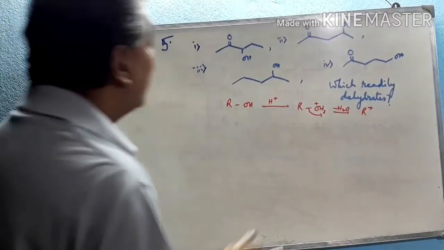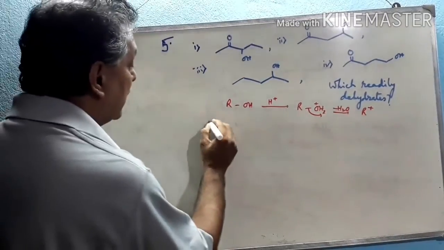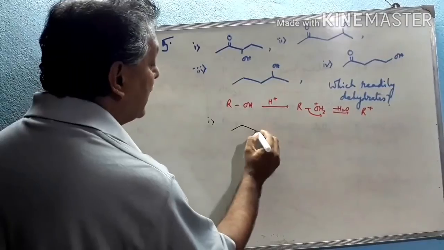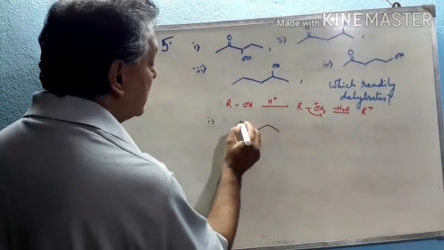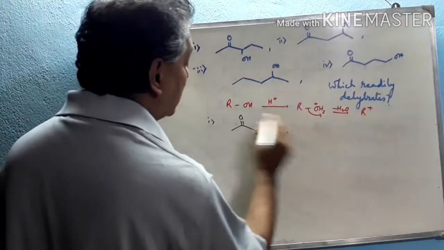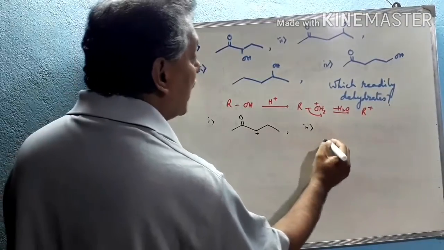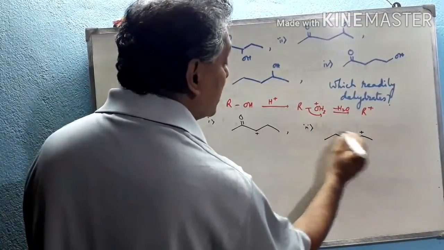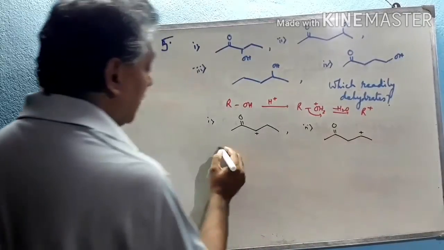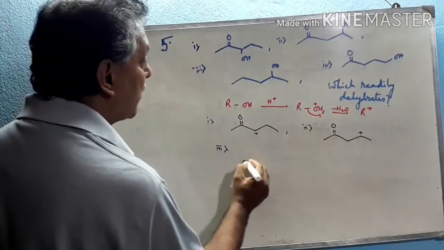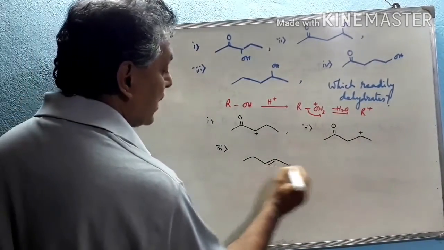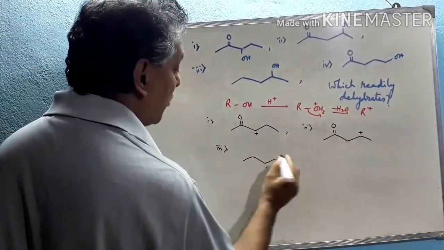Now from number 1 the carbocation formed is this. Number 2 gives such a carbocation. Number 3 gives such a carbocation.